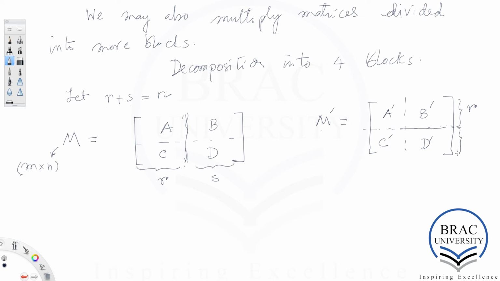That's the requirement. For convenience, we can call the number of rows here K. In the left partition we had R columns for M, and in the right partition we had S columns. For convenience we can write, it's not necessary, K rows here.